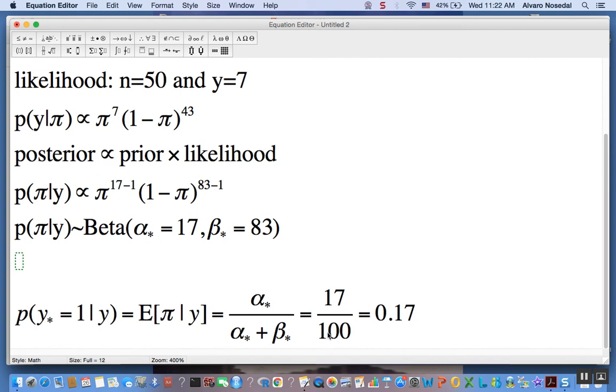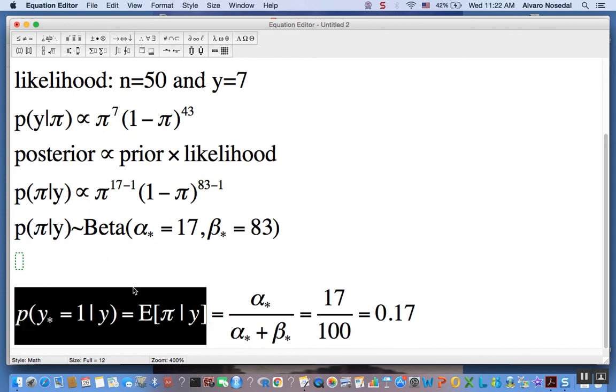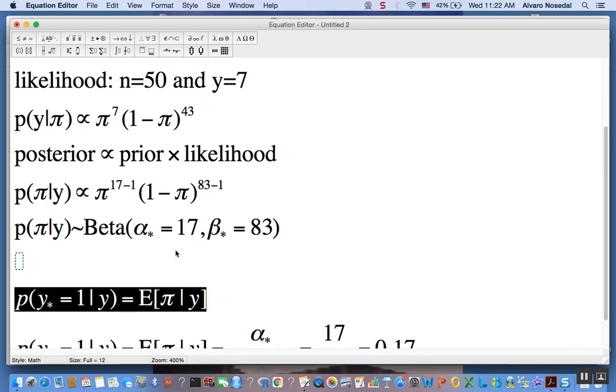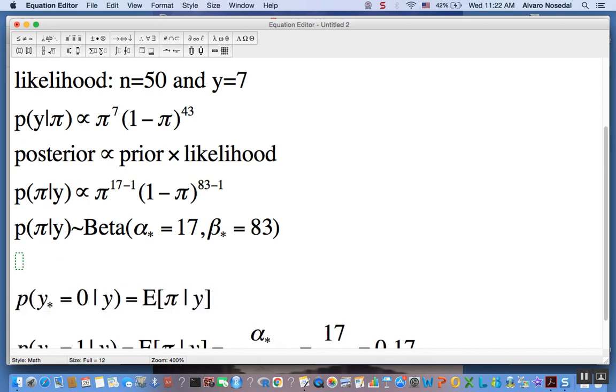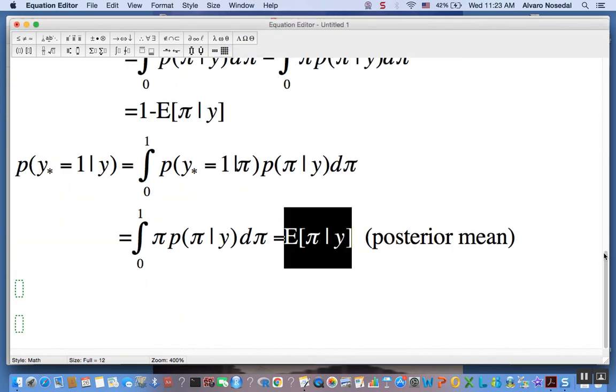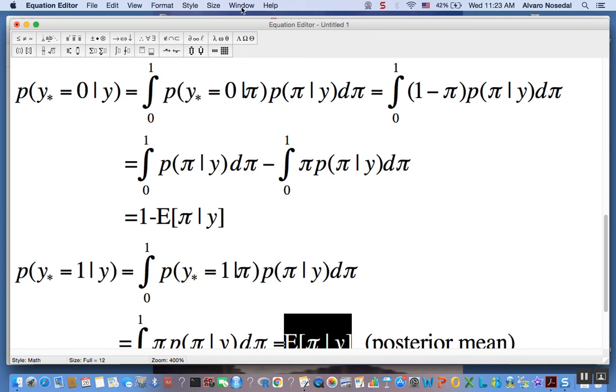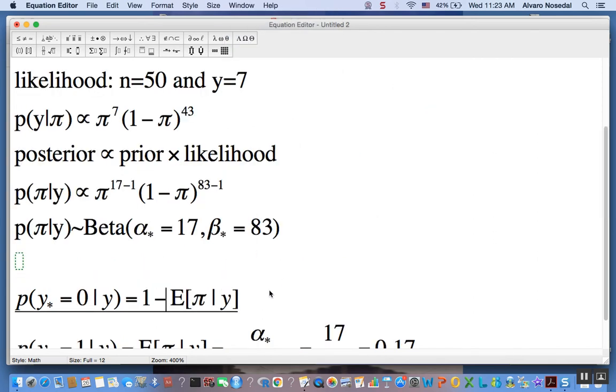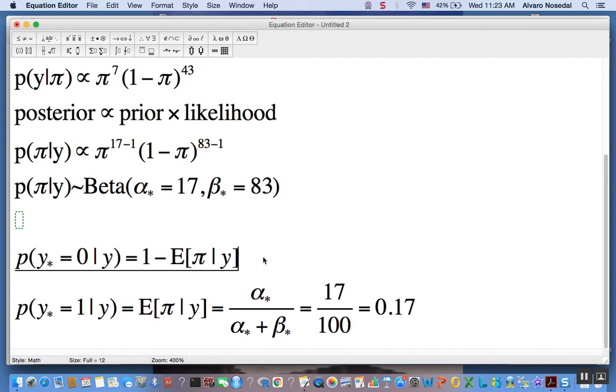And then the probability of y star being 0 is given by the complement, so 1 minus this, and that's what we showed here. So in that case it would be 1 minus 0.17, which of course is going to be 0.83.